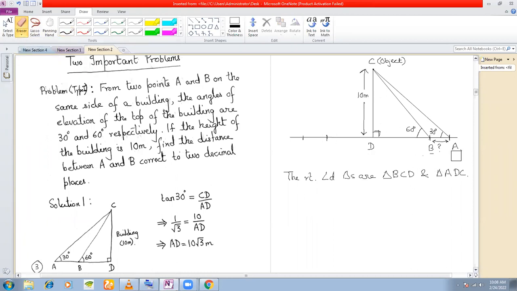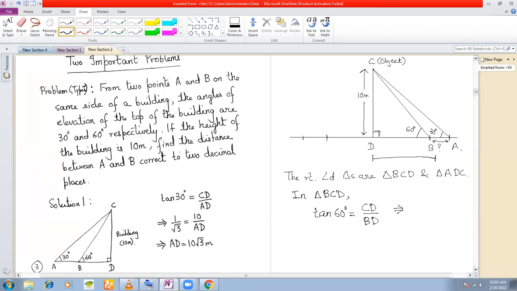See, if you consider the right angle triangle BCD, that is the smaller right angle triangle, okay, then with the help of tan, we can find out BD, right? Because tan 60 is equal to CD by BD. So in triangle BCD, tan 60 is equal to CD by BD, right?